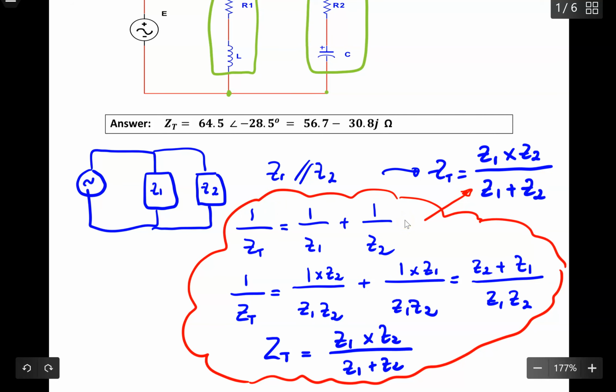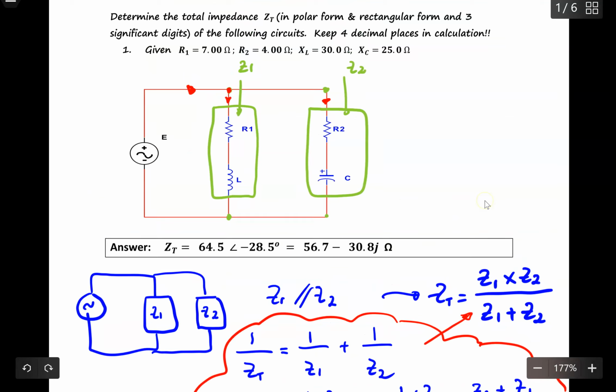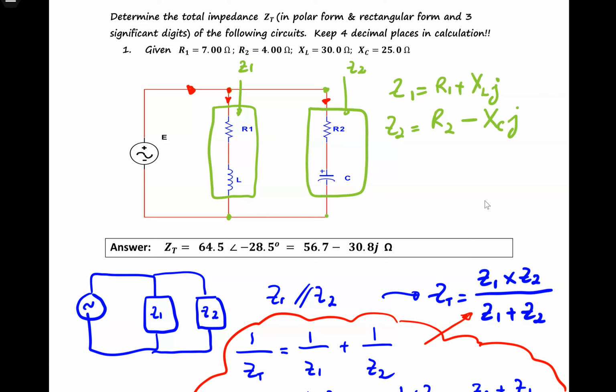Let's go back and review what Z1 is equal to. Z1 is equal to R1 plus the positive part, XL times J. Z2 is equal to R2 minus the capacitive reactance times J. Alright, let's move on to the next question.